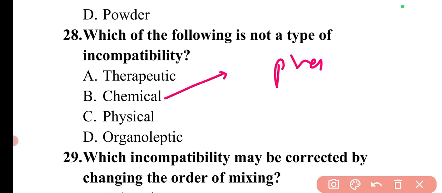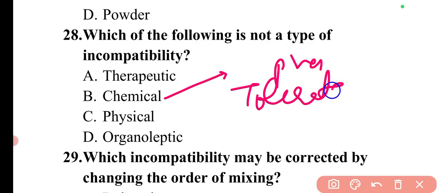There can be a chemical interaction between the ingredients that can produce a harmful or dangerous product. Basically these types of incompatibilities are of two types. One is tolerated incompatibility, which means a chemical interaction that we can minimize by changing the order of mixing.